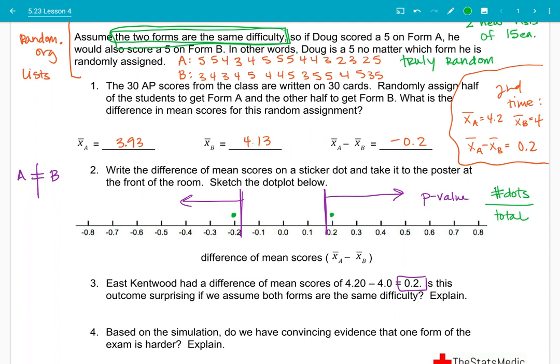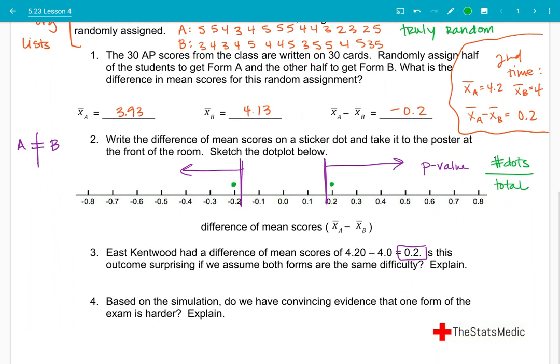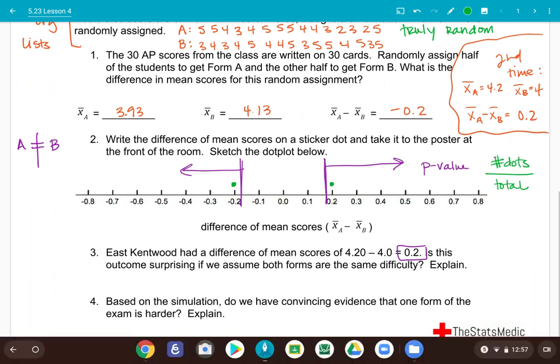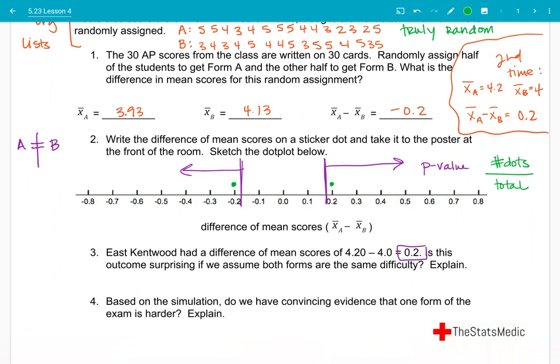Now, if you are looking at mine, obviously you could see that I only did it twice and both my dots are outside of that in that p-value zone of 2 out of 2. So right now my p-value is 100%, which is pretty funny because we're looking for a p-value that's less than 5%. Yeah, not exactly statistically significant right now.